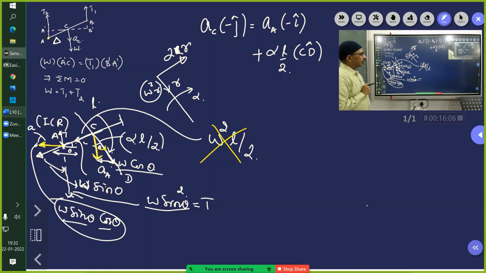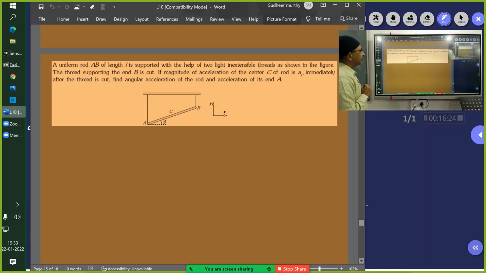Sir, AC will not be minus J cap. It will be in the third quadrant. Why? Listen. Look at the definition: the magnitude of the acceleration at the center of the rod is AC immediately after the thread is cut.